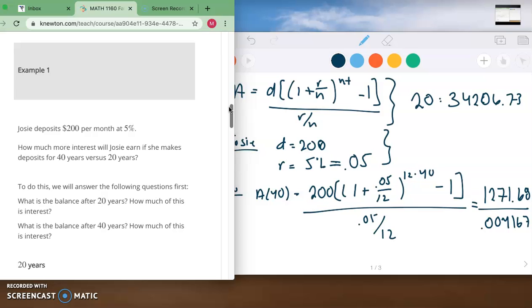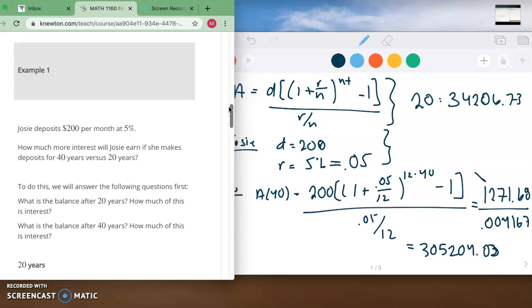Okay, so now when we do that math, we take this 1,271 and divide it by this, we get about 305,204.03. Okay?